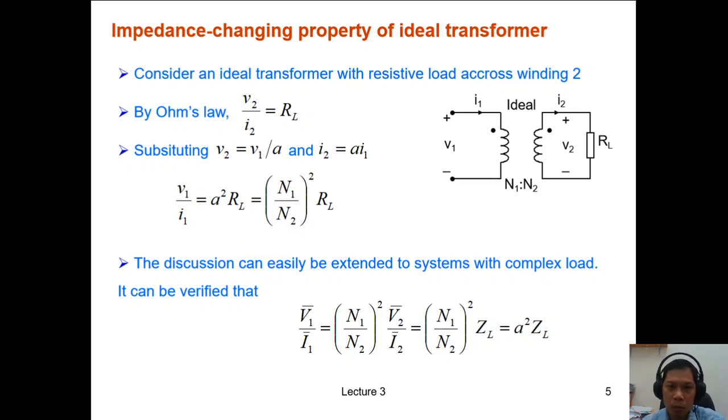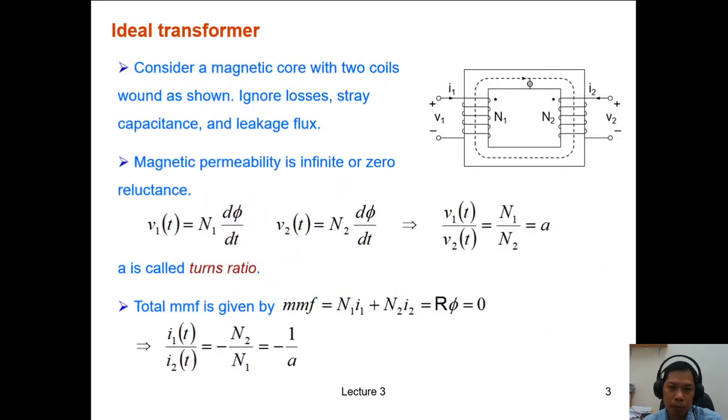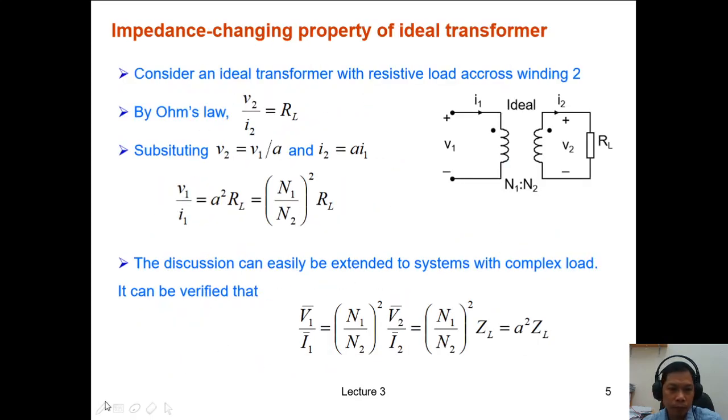Remember, for this transformer V1 divided by V2 equals a, so V2 should be V1 divided by a. Also I2 will be equal to a times I1, as you can prove from the previous slide.